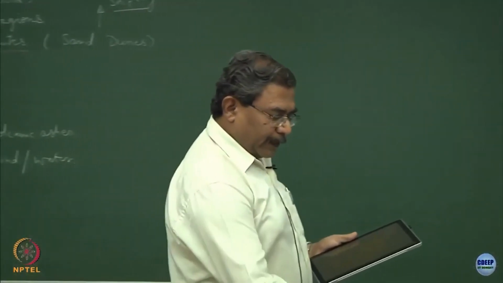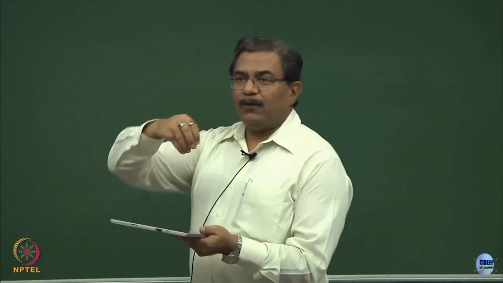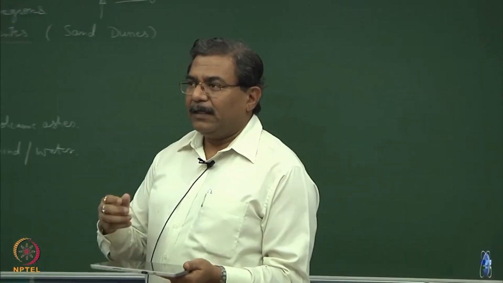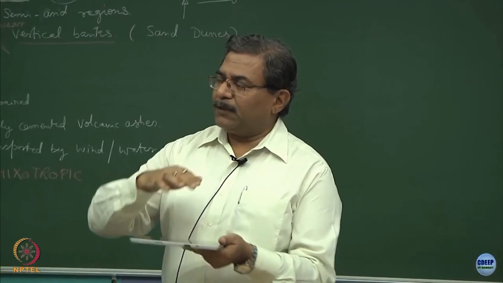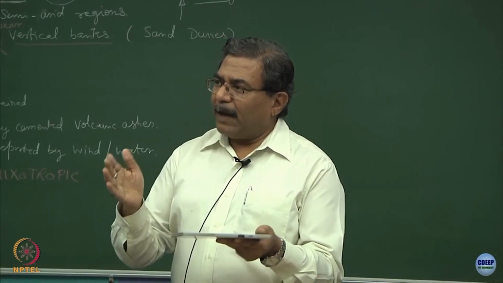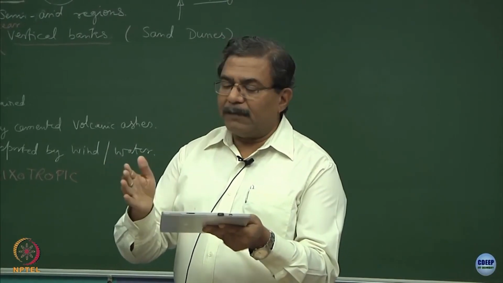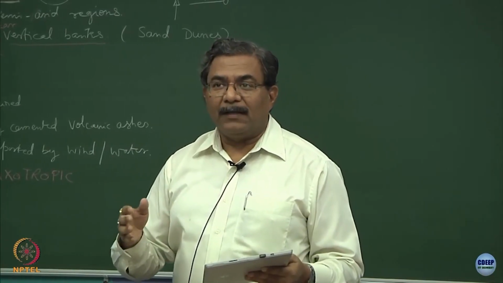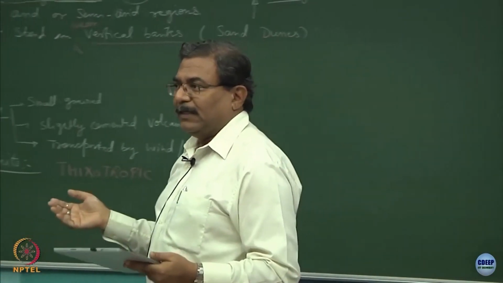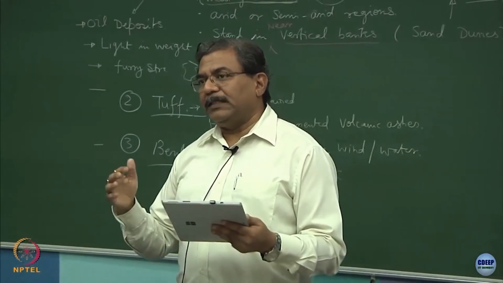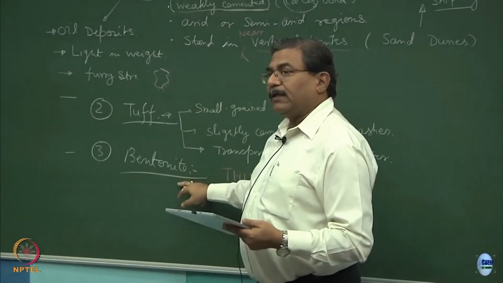What is thixotropy? So, suppose if I take a small sample of this material in my palm, add 2-3 drops of water, alright, and then let it become saturated, and if I disturb it, what is going to happen? The water gets oozed out. That means there is a segregation of water with this material which is bentonite.